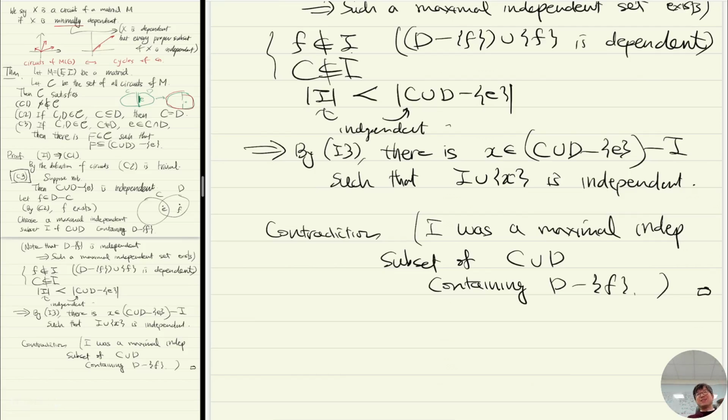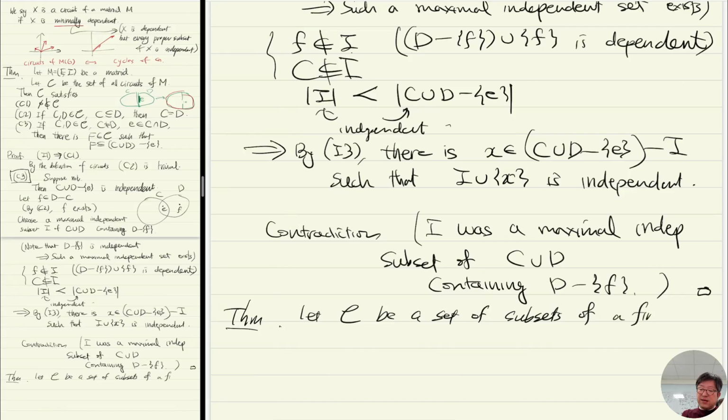So the list of circuits satisfies these three properties. Whenever you have a matroid, then circuits satisfy all three. Now, what's funny is the converse is also true. Let C be a set of subsets of a finite set E satisfying C1, C2, and C3.